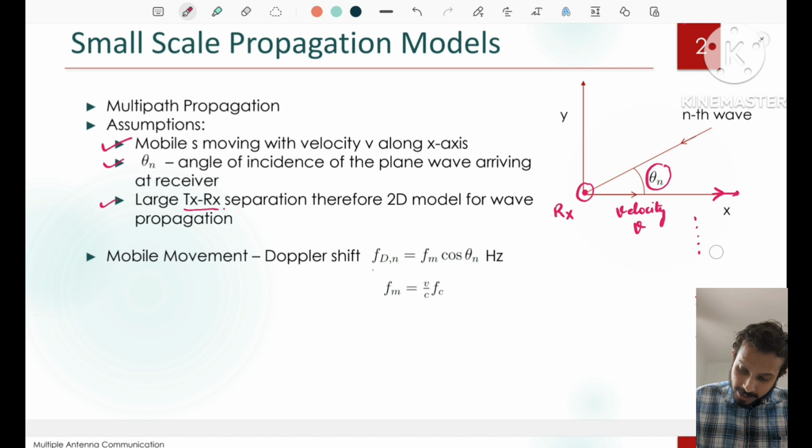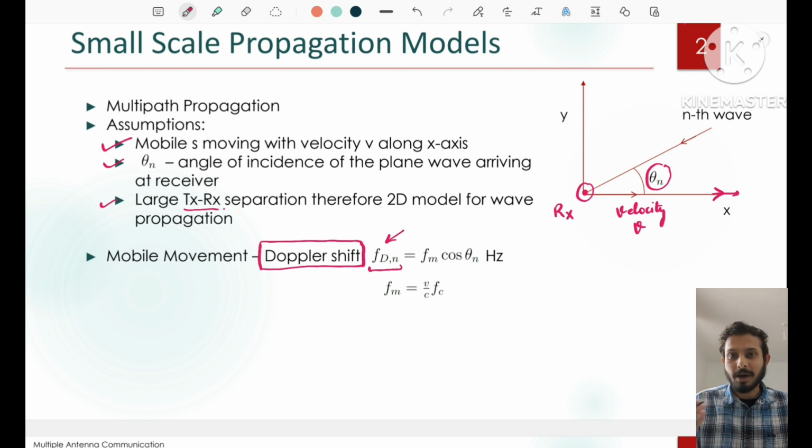So now when the mobile is moving with some velocity, we know that it will encounter Doppler, so we will have a Doppler shift. This is represented by Fd,n, because every path will experience a Doppler shift.